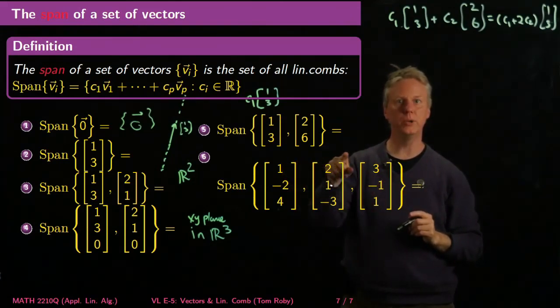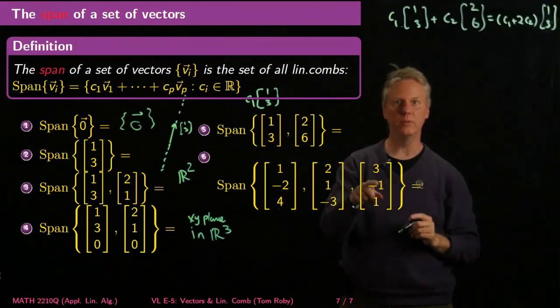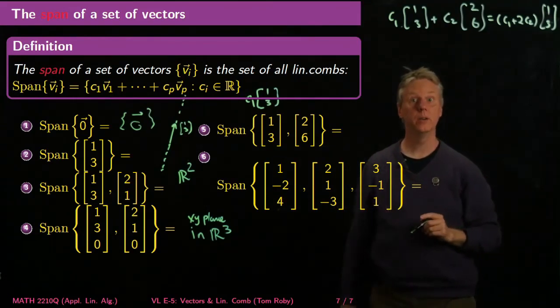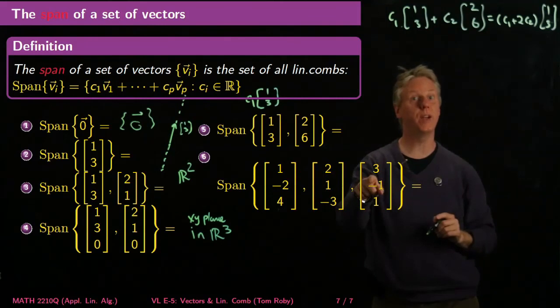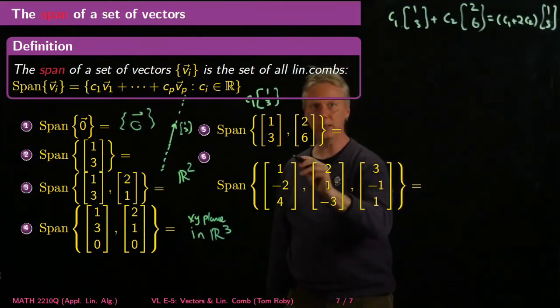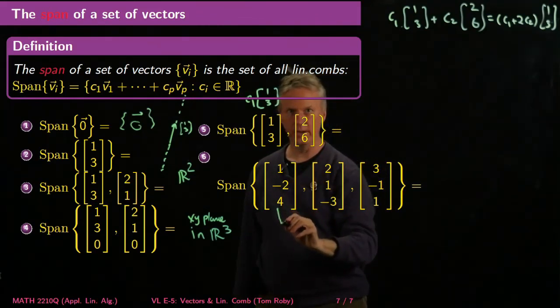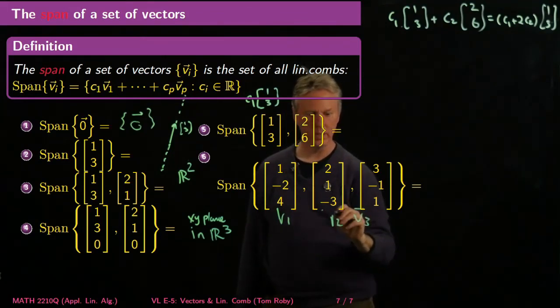Well, 1 plus 2 is 3, negative 2 plus 1 is negative 1, and 4 plus negative 3 is 1. So what that means is that this vector plus this vector equals this vector. So let me just call these vectors v1, v2, and v3.